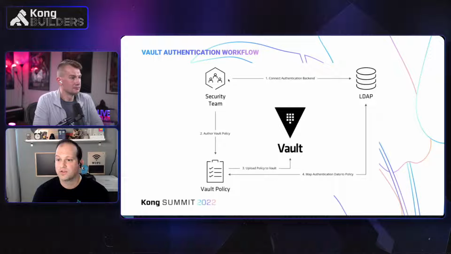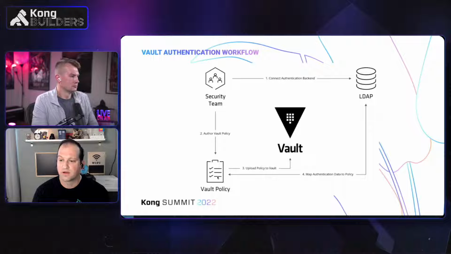So you connect to an authenticator backend like LDAP or any sort of authentication method. And then the security team writes a policy that gives you a policy associated to that authentication method and backend.